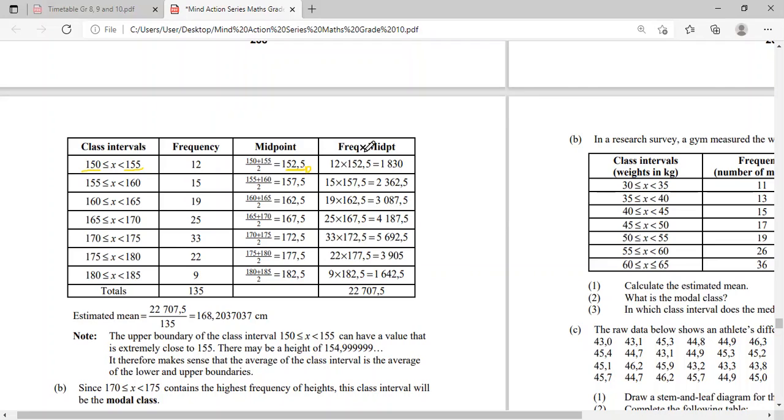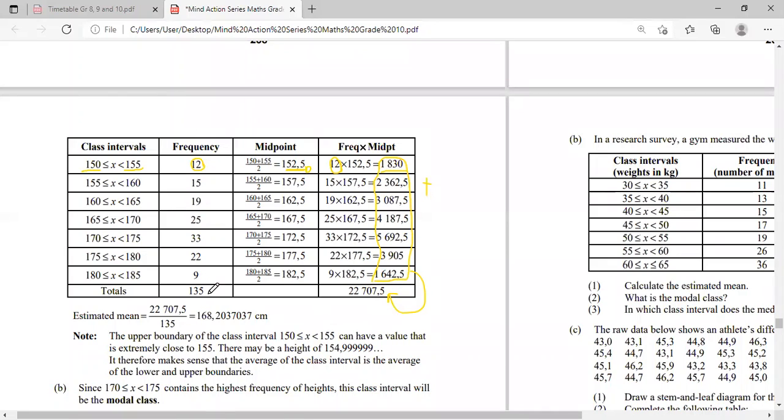Then we have another column multiplying the frequency in each row by the midpoint, and you get the product of the frequency and the midpoint. You do the same for all the rows, and then you add these values. Adding them gives this answer.